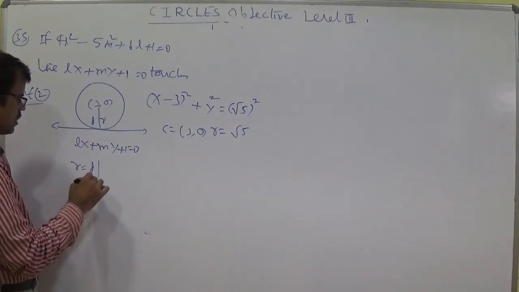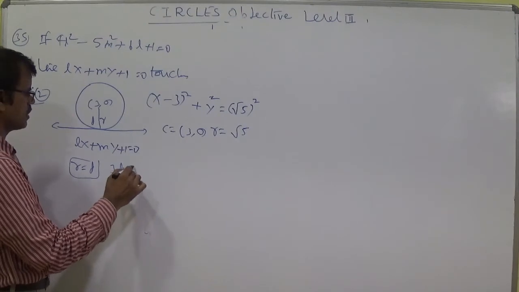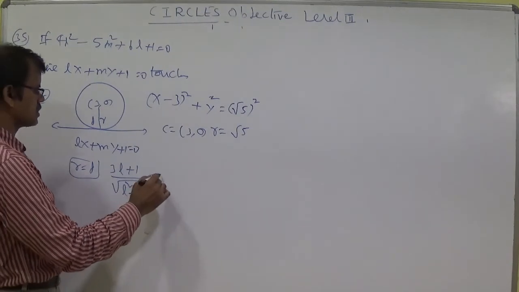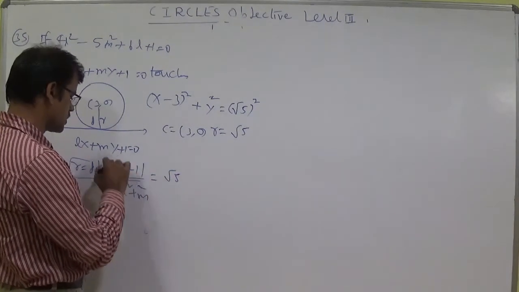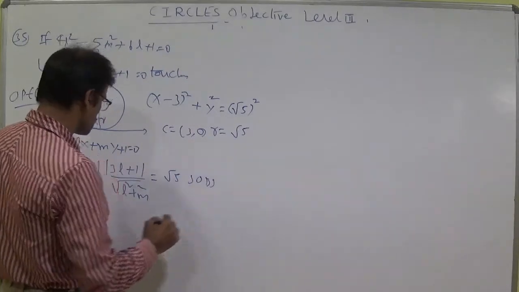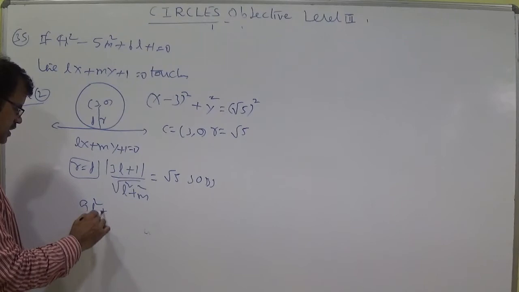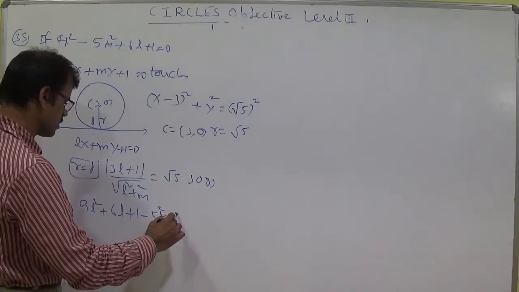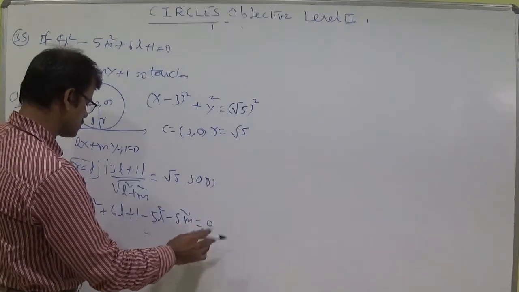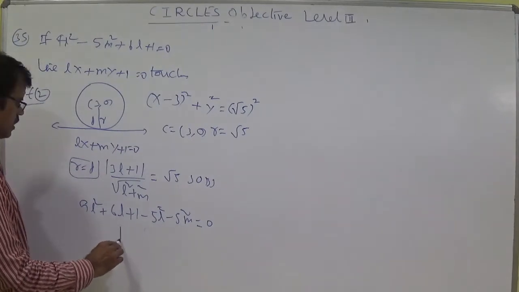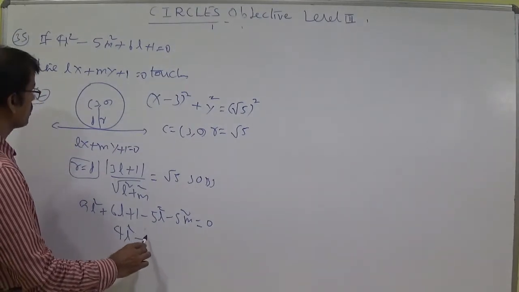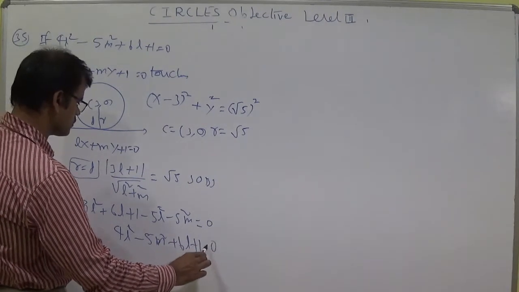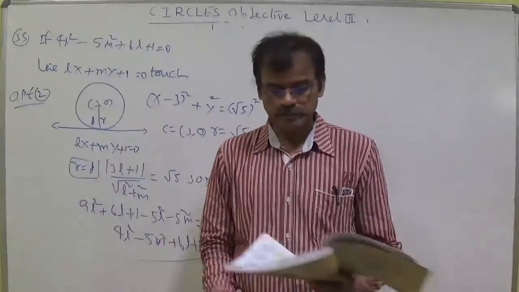So using r is equal to d, you can write 3l plus 1 by root of l square plus m square is equal to root 5. This is the concept. Now squaring on both sides, you can write 9l square plus 6l plus 1 minus 5l square minus 5m square equal to 0. That's all. Now we got the relation as 4l square minus 5m square plus 6l plus 1 equal to 0. This is the verification mode only.